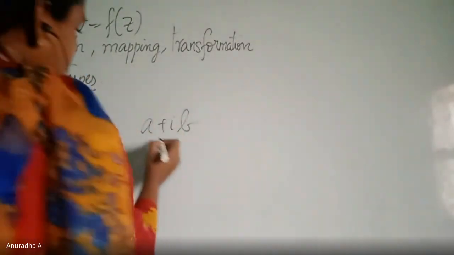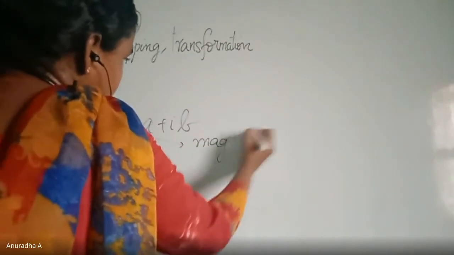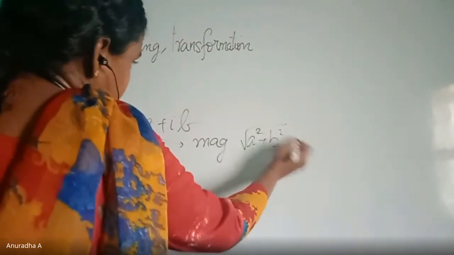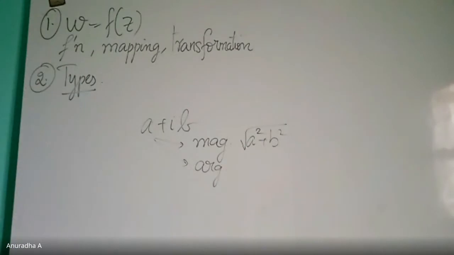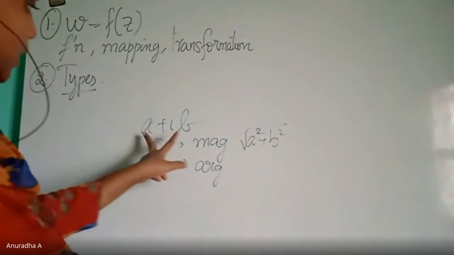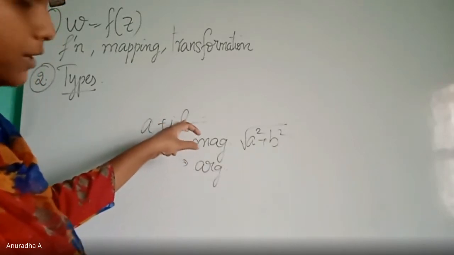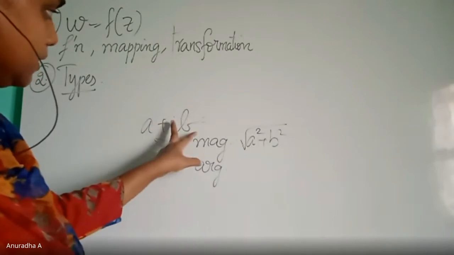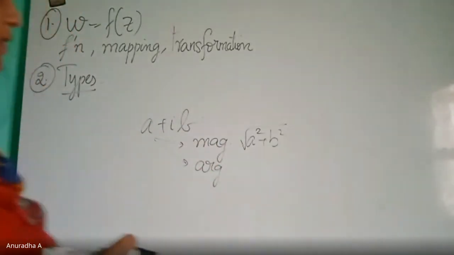One is the magnitude. How to find the magnitude? Root of a square plus b square. And the other is the argument. Argument is theta. If I think of this as e power i theta, I can relate this to r cos theta, r sin theta, and I can find an angle for this. That is called the argument.